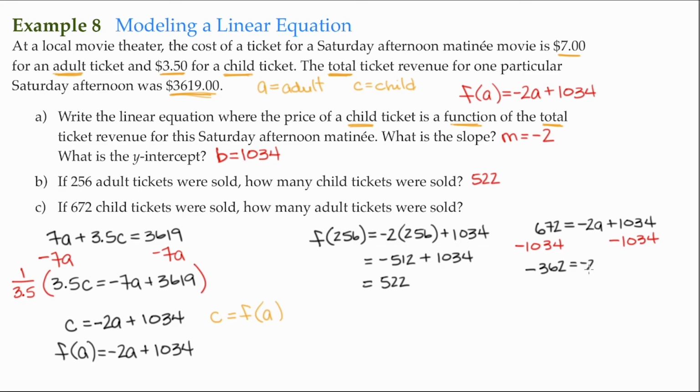That's equal to negative 2a. And then we can divide both sides by negative 2. Therefore, A is equal to 181. So if 672 child tickets were sold, how many adult tickets were sold? 181. And we could check it again. We could put in 7 times A, which is 181, plus 3.5 times C, which is 672. That should come out to be 3,619. And there we go.